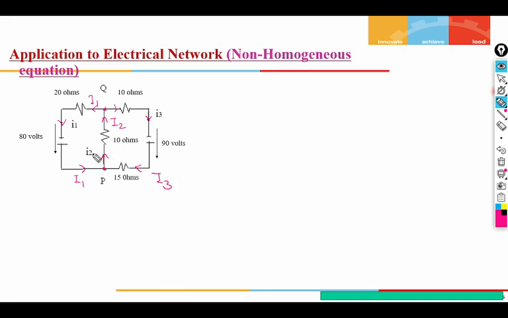So I1 plus I3 equals I2. At node Q, I2 is incoming and I1 and I3 are outgoing, so I2 equals I1 plus I3. That means I1 minus I2 plus I3 equals 0. This is equation number 1.